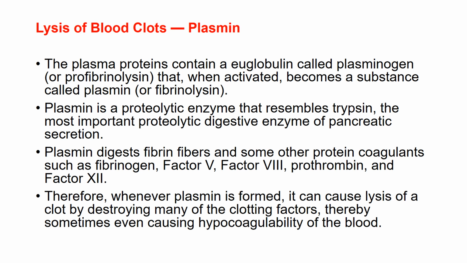Plasmin digests fibrin fibers and some other protein coagulants such as fibrinogen, factor 5, factor 8, prothrombin, and factor 12. Therefore, whenever plasmin is formed, it can cause lysis of a clot by destroying many of the clotting factors, thereby sometimes even causing hypocoagulability of the blood.